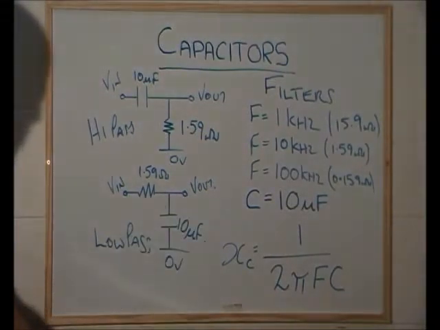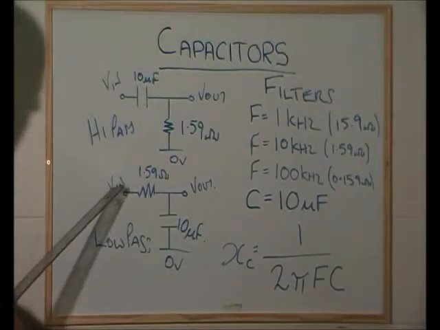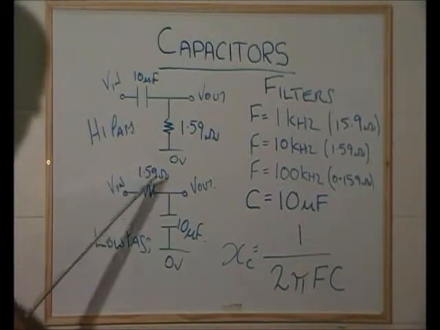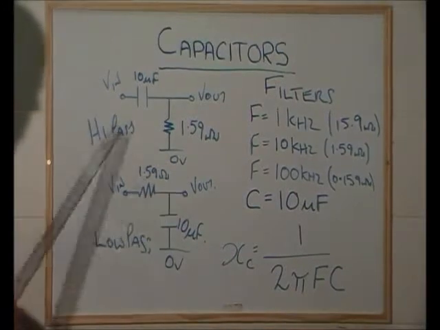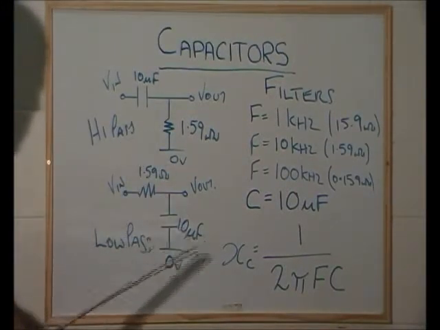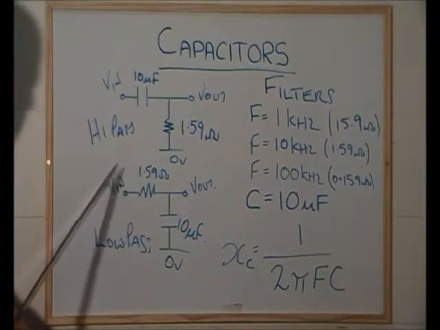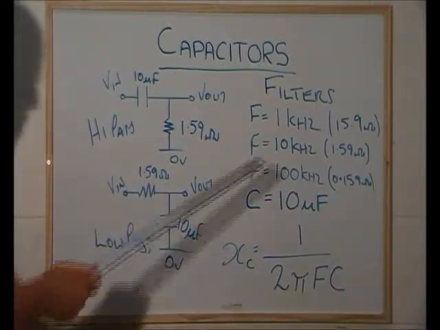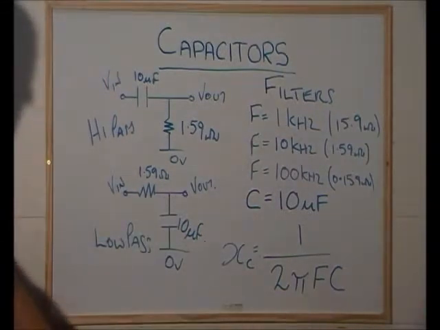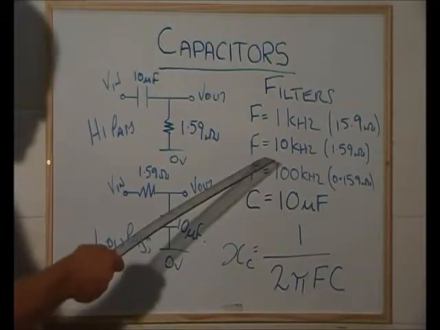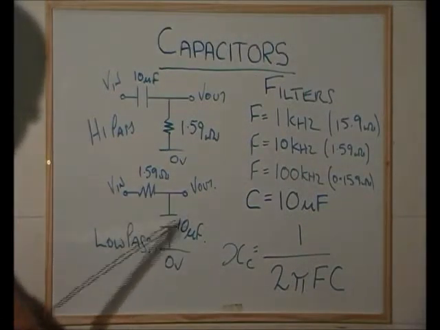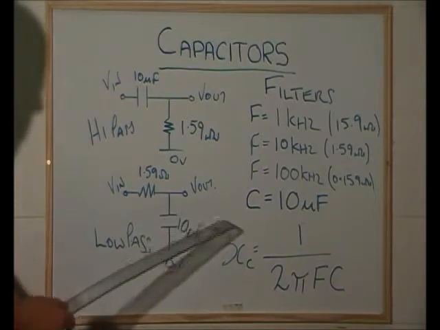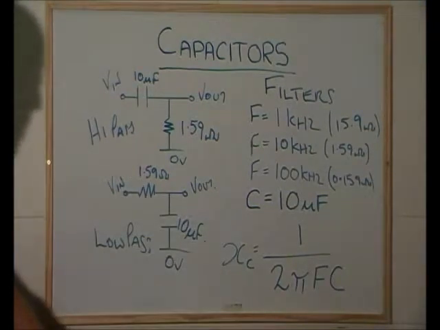So at low frequencies, 1 kilohertz, most voltage is going to pass straight through. 1/11 is dropped across here, and the rest is across there. So V out equals V in at low frequency. At 10 kilohertz, it's an equal voltage divider, so V out will be half V in.